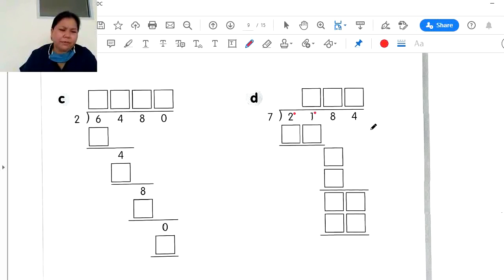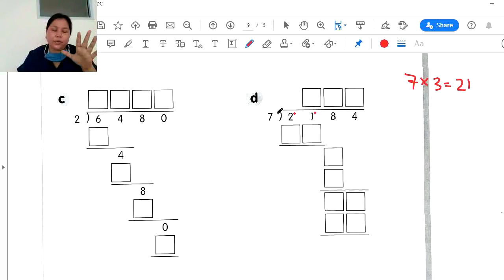21 divided by 7 is, when you see the multiplication of 7, 7 times 3 equals 21, right? So 21 divided by 7, okay, look at this step. Really, look at this step. First of all, you have to divide first. 21 divided by 7, and you get 3.